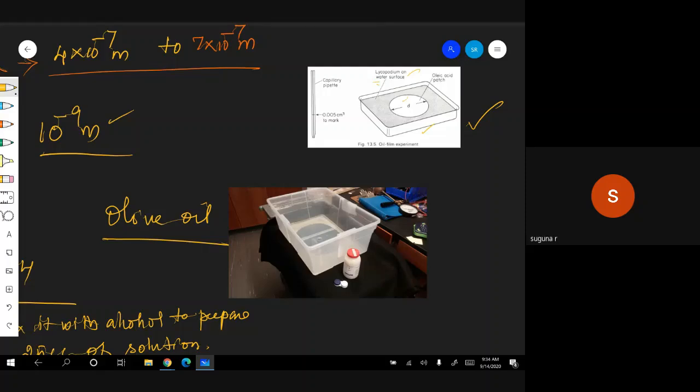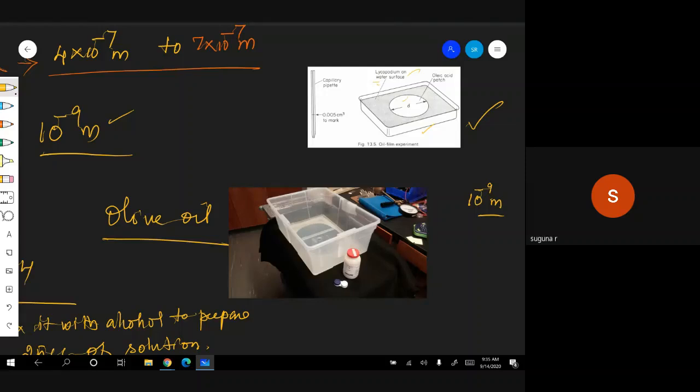Now our job. The thickness of the spread oleic acid is very, very small, of the order of 10 power minus 9 meter. That is, the thickness is approximately equal to the size of the molecule.